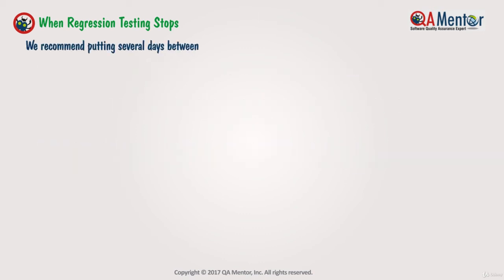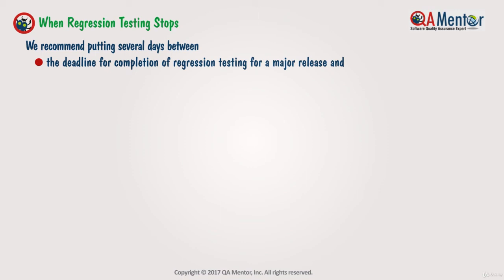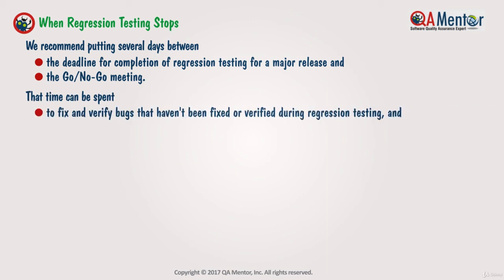We recommend putting several days between the deadline for completion of regression testing for a major release and the go, no-go meeting. That time can be spent to fix and verify bugs that haven't been fixed or verified during regression testing, and to do acceptance testing, also called certification testing.